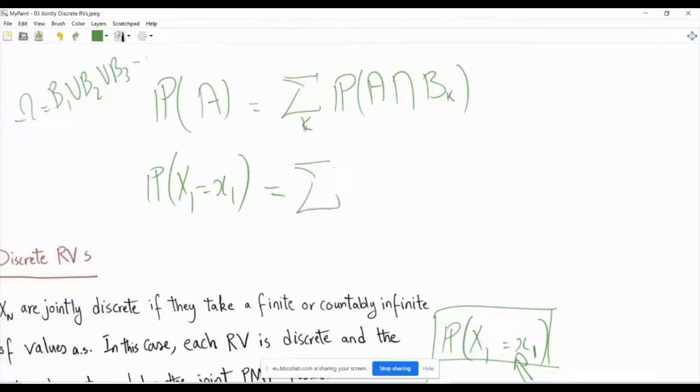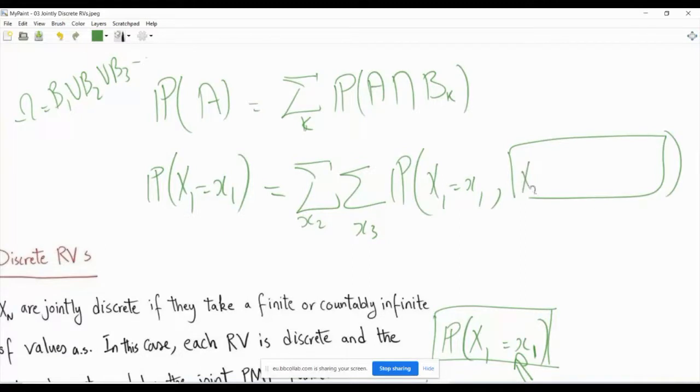You take the summation over X2 and the summation over X3, and each term is the probability that X1 is equal to x1 and X2 is equal to x2 and X3 is equal to x3. Those are like the B events in the formula for the law of total probability. So you sum over all possible values of X2 and all possible values of X3, and by doing so, you are left with the probability that X1 is equal to x1.